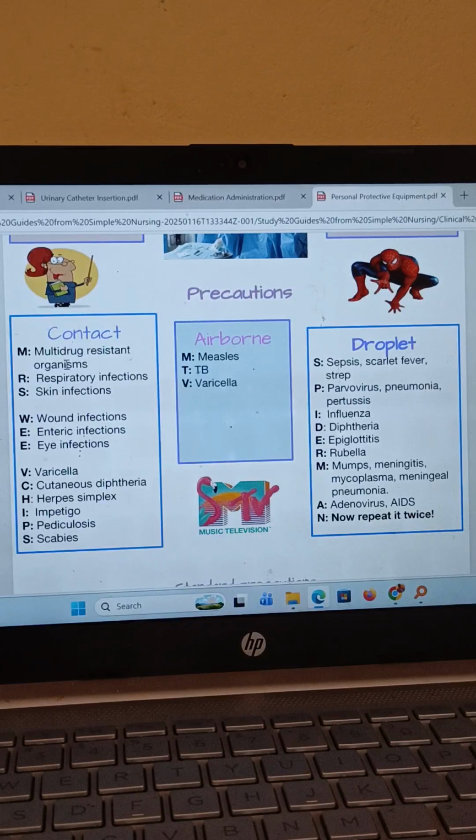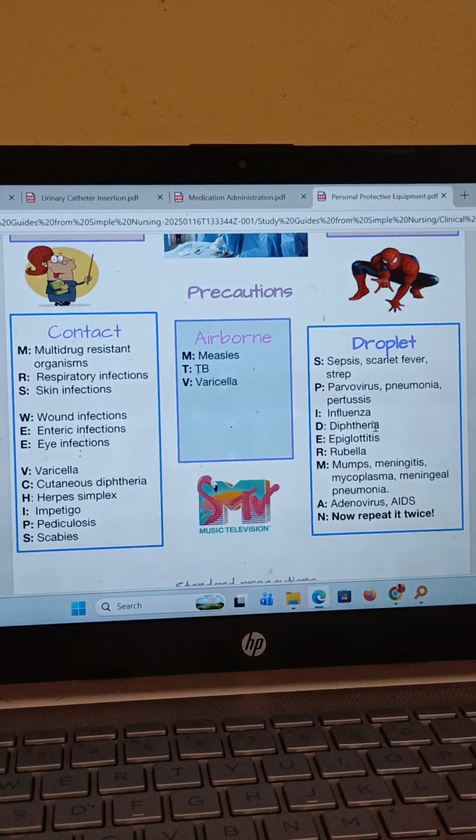So rubella is droplet, while herpes simplex is always contact. Then M talks of mumps, meningitis, mycoplasma. Meningococcal pneumonia is also part of the droplet. Not forgetting adenovirus and also HIV/AIDS as part of droplet infection. So we do droplet precautions.